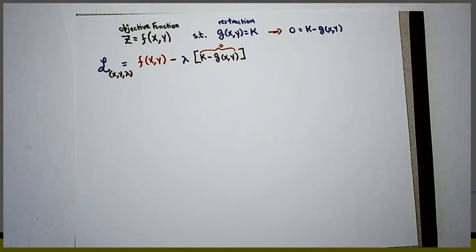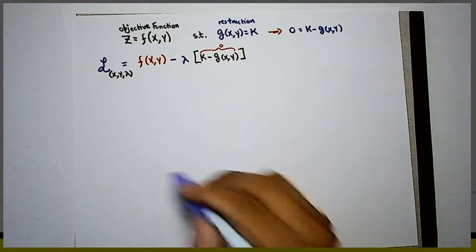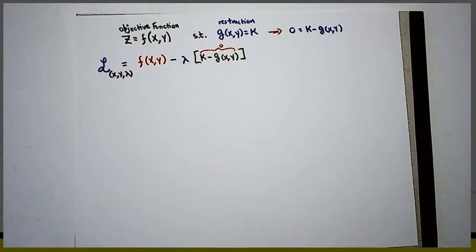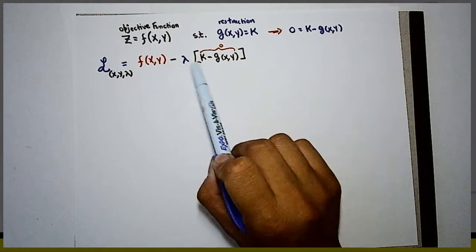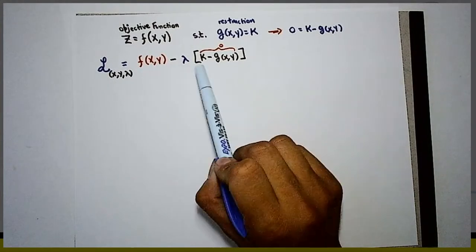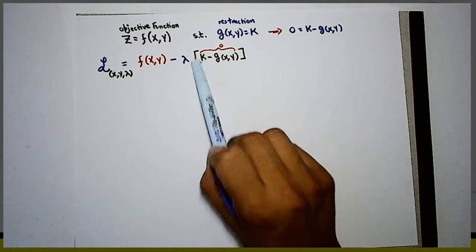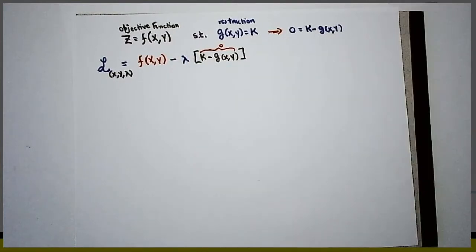Notice that the Lagrange has three variables, x, y, and also the value of lambda. This is because, if you remember, and you will notice that in a second, our goal will be to find the point in which both intersect, and this depends on the scalar.